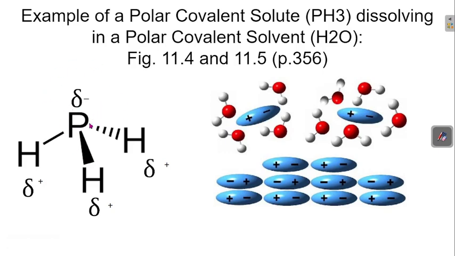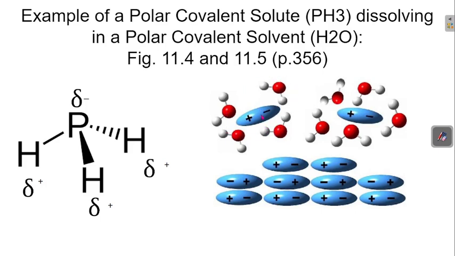This molecule has phosphorus and it has hydrogen. It has covalent bonding between them and is polar, meaning those electrons spend more time with the phosphorus than they do with the hydrogen. When you have this kind of solute, the water molecule does not break the covalent bonding. It cannot do that. It's not strong enough to break it apart. So what they do is they pull the molecule as a whole from the solid and then surround it accordingly.